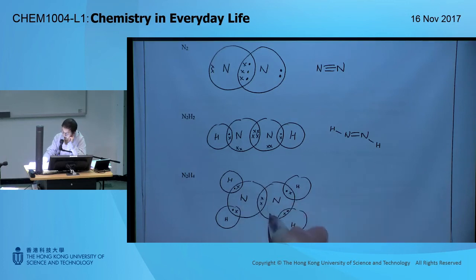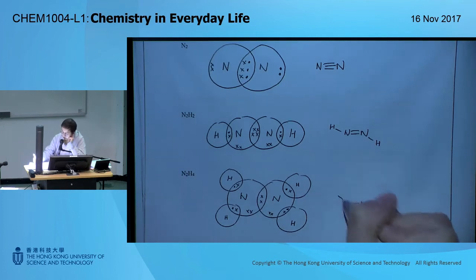And then there are 2 more electrons, like this. Okay, so this is N2H4, which is hydrazine.